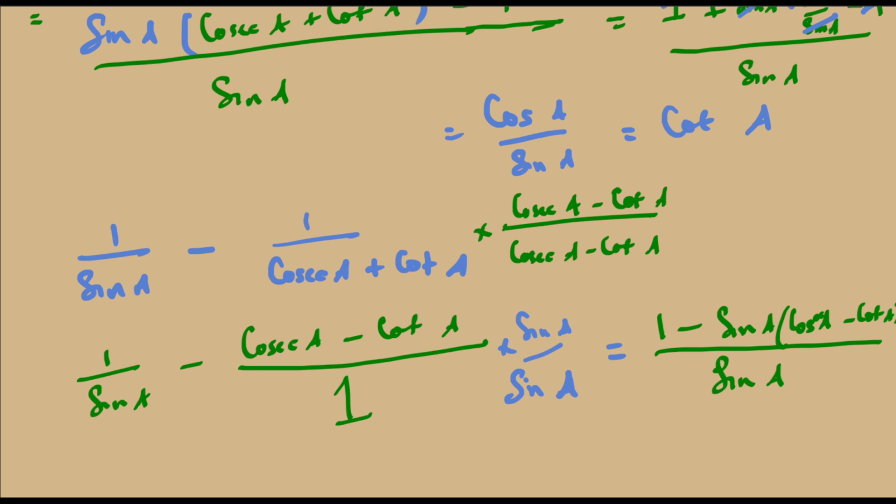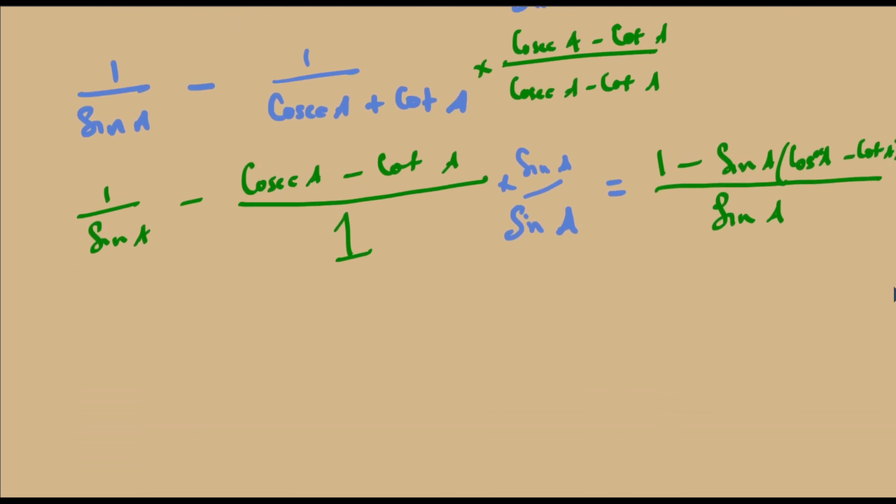So let's simplify this numerator. 1 minus sine A into cosecant A. It gets cancelled, isn't it? Because cosecant A is 1 by sine A. So this is equal to 1. And what is cot A? You have actually minus sine A cot A. Or is it minus? No, it is not, because minus into minus gives you plus sine A cot A.